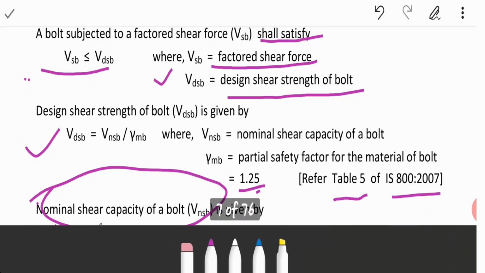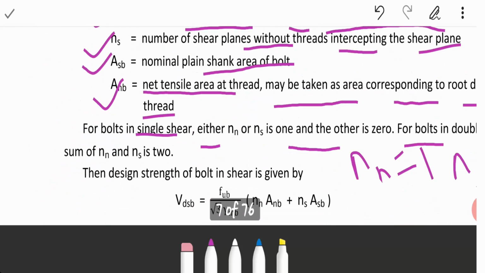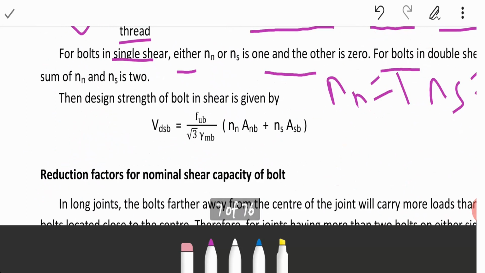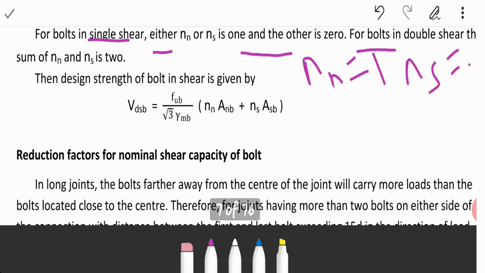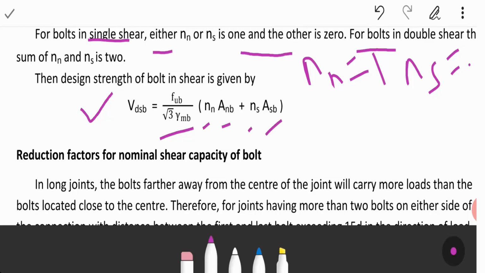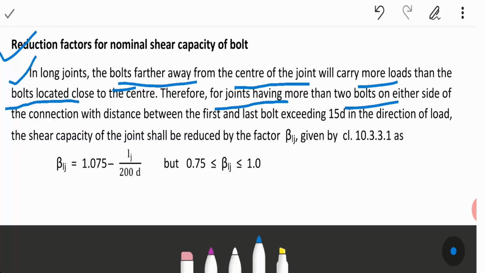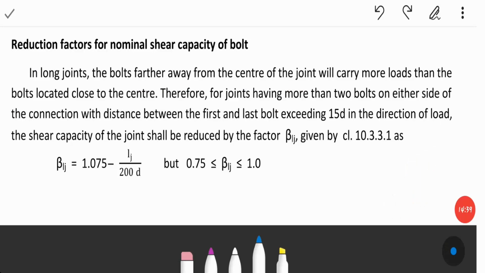Clear? Now, finally, the design shear strength of the bolt Vdsb is equal to fub by root 3 into gamma mb, into (nn Anb plus ns Asb). Clear?